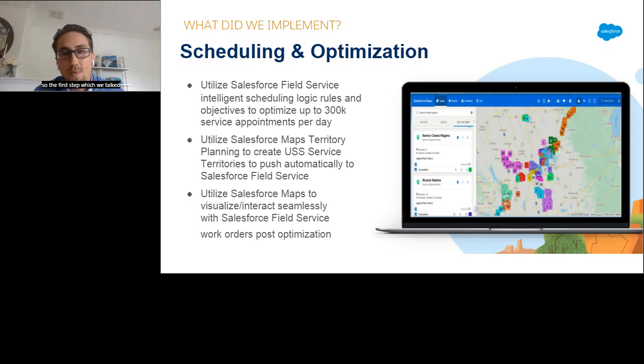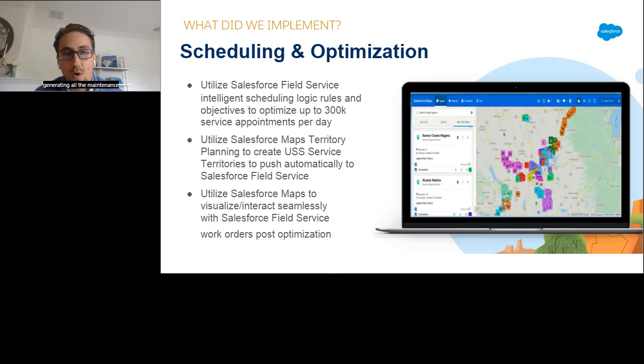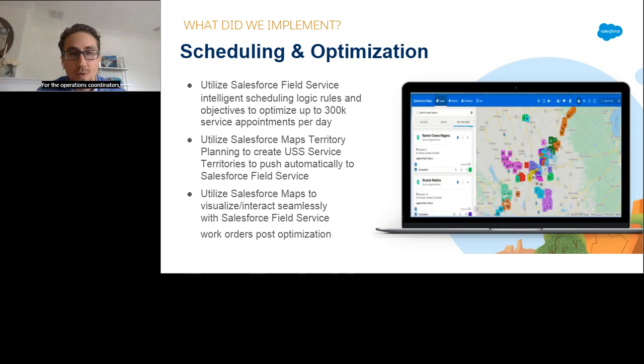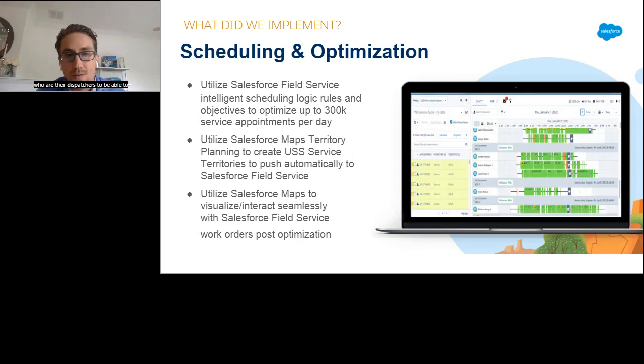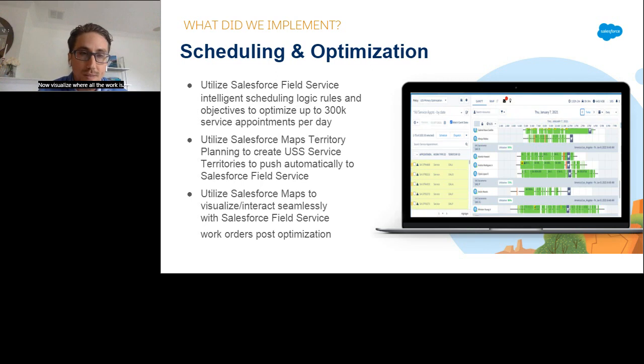So the first step, which we talked about in the previous slide, is generating all the maintenance events that we need to then go work. And then with Salesforce Maps, we created a visualization for the operations coordinators, who are their dispatchers, to be able to visualize. You can see on the right-hand side now, visualize where all the work is.